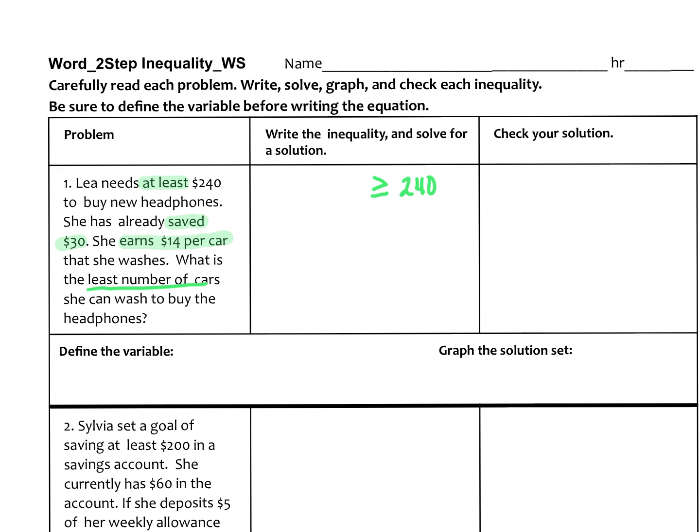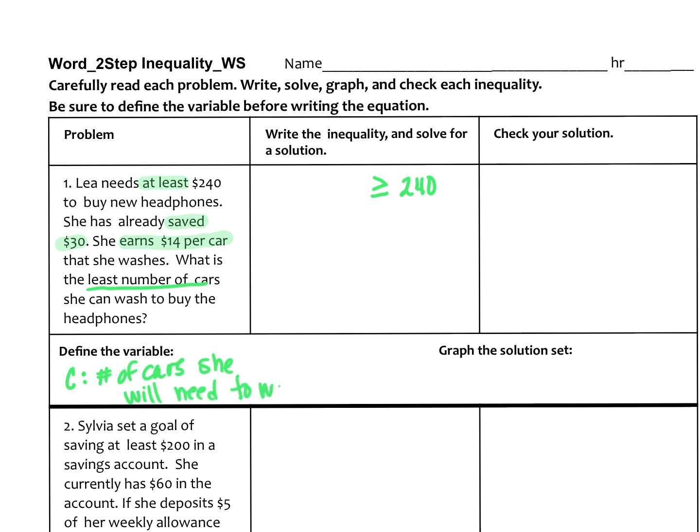Okay. We need to define a variable. So let's call C, we're going to call C number of cars. That means the number of cars she will need to wash, okay?